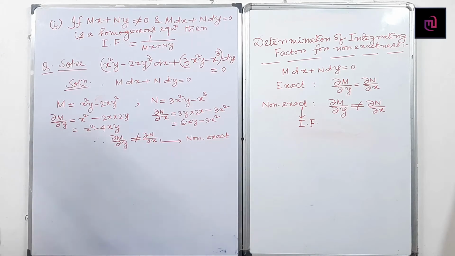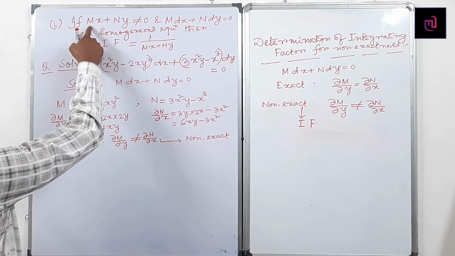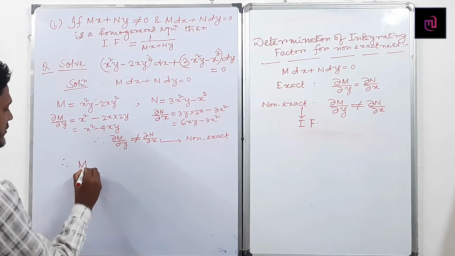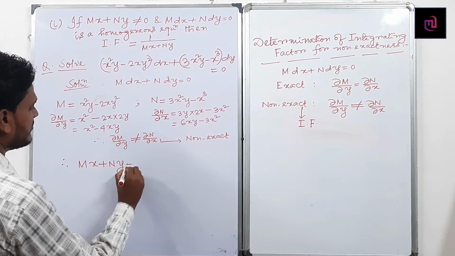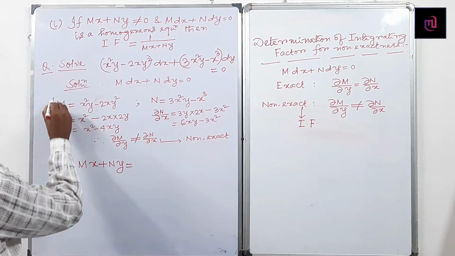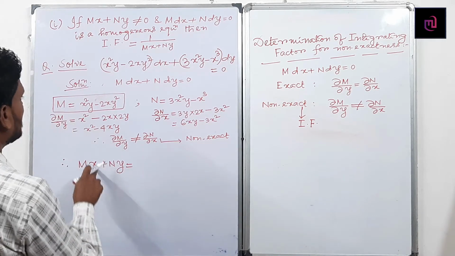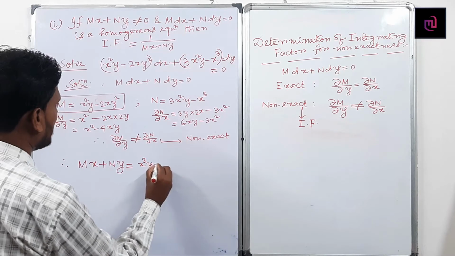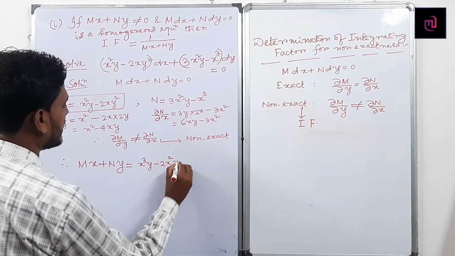Then you have to find the integrating factor. Before finding the integrating factor, first we have to calculate Mx plus Ny. M into x is x into x square y, so x cube y minus x into 2x y square, that is 2x square y square.